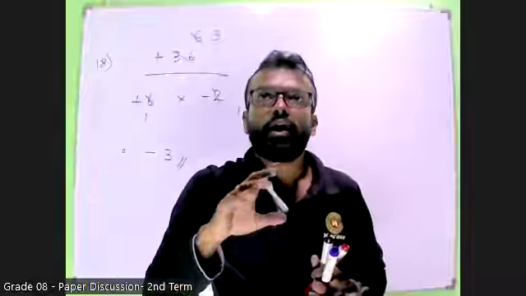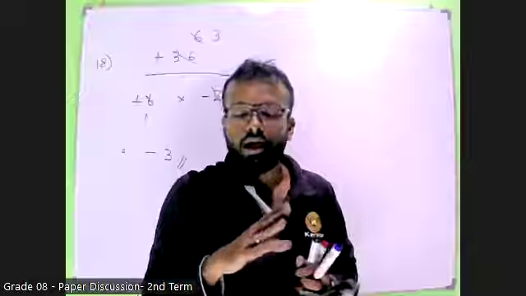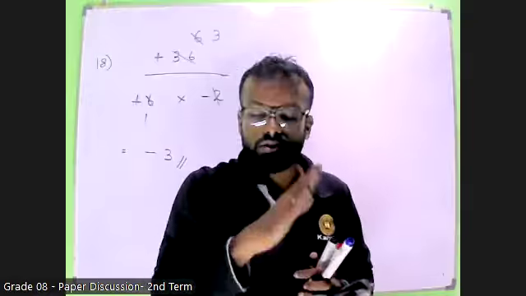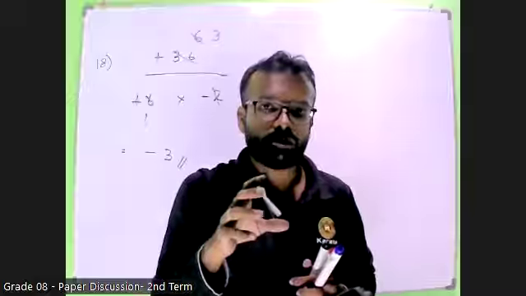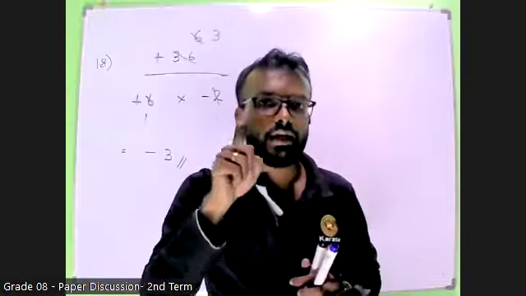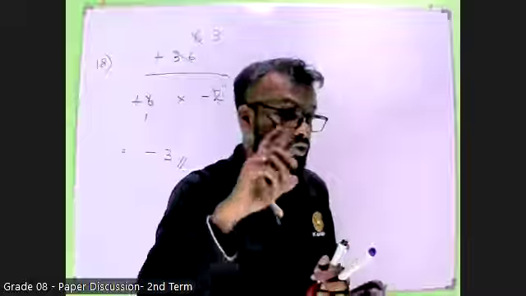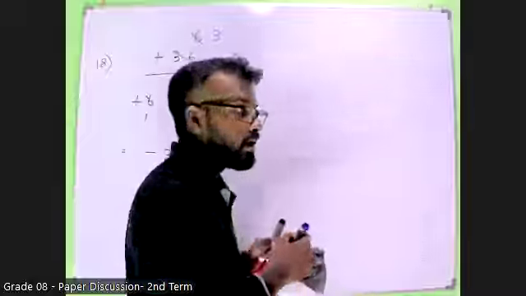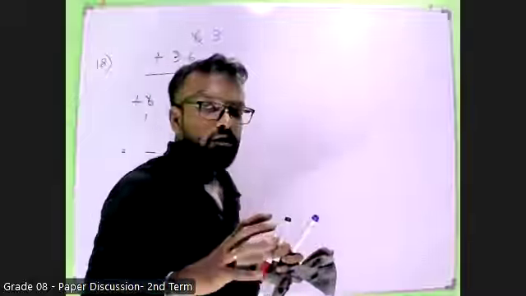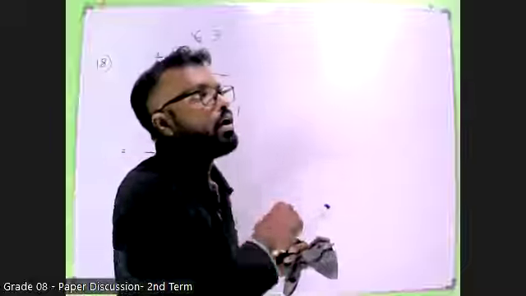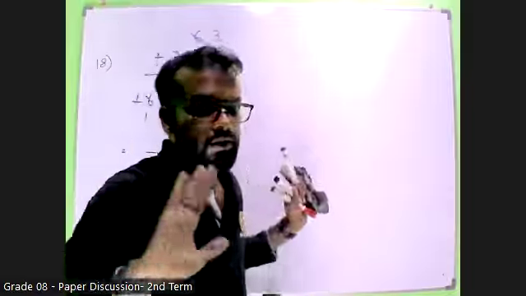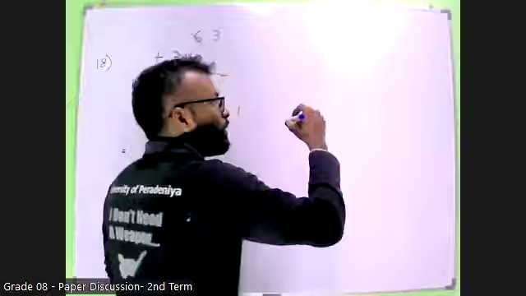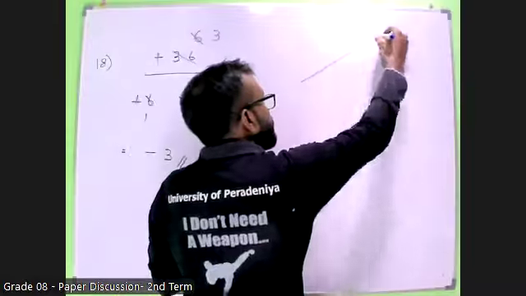If you add the exterior angles of the quadrilateral, it will give you a summation equals to 360. So you need to remember that. Exterior angles of a quadrilateral equals to 360. Done. Right.